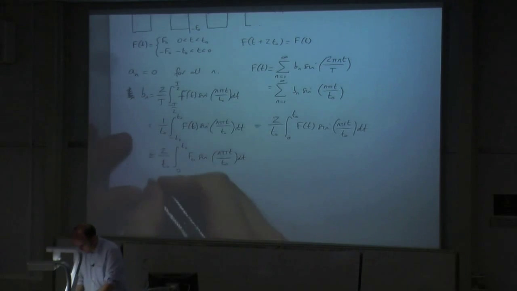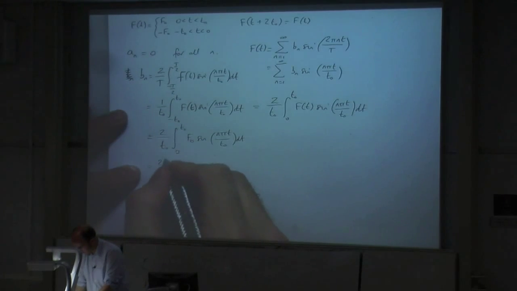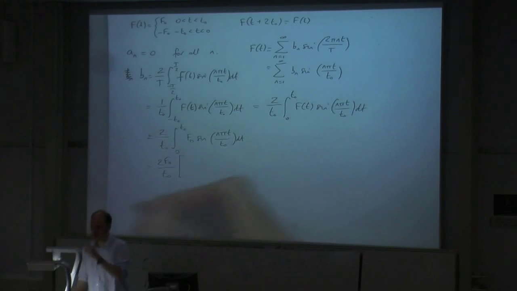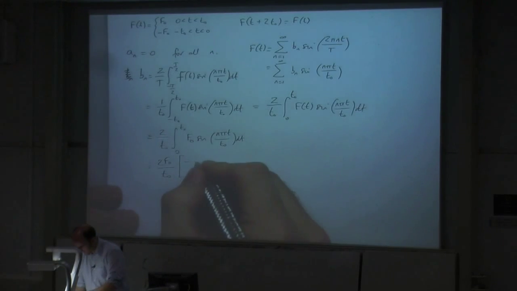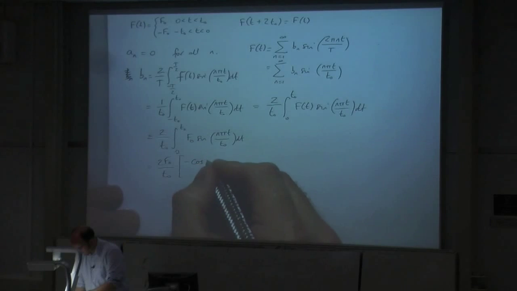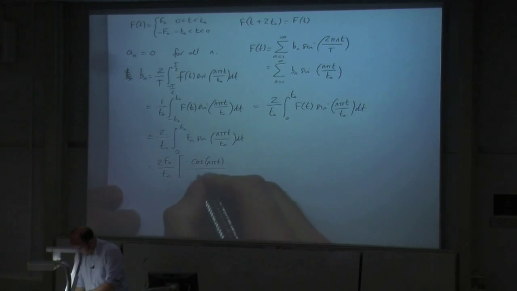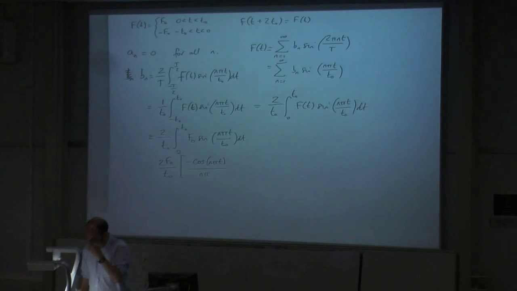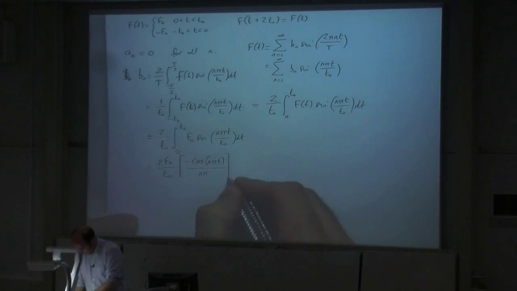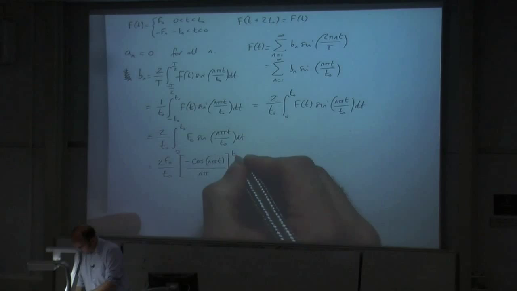And so if we were to do that, we could write, obviously this is 2 f naught upon t naught. What's the integral of sine? Minus cosine, okay. So we have minus cosine of n pi t upon t naught, divided by n pi upon t naught, between 0 and t naught.